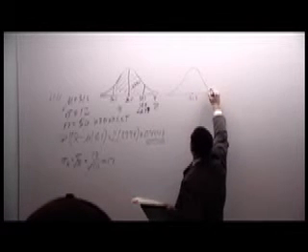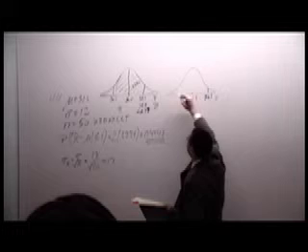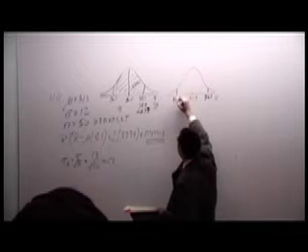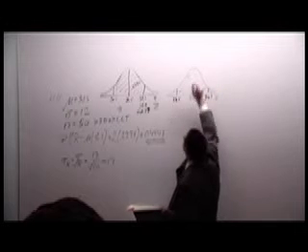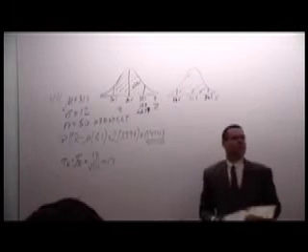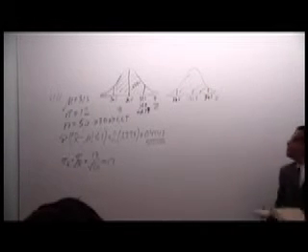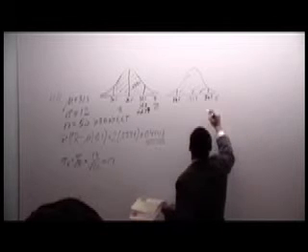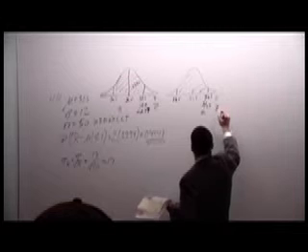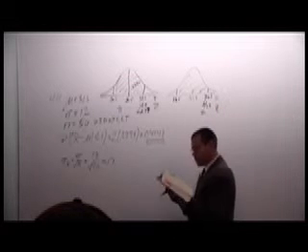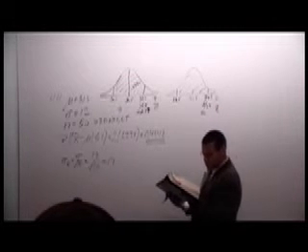So now we've got 34.5 and 28.5. Right? What else changes? Three divided by 1.7. Okay, good. And that's equal to 1.76.